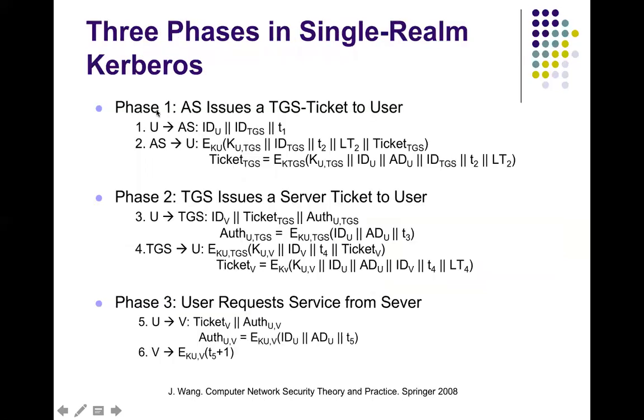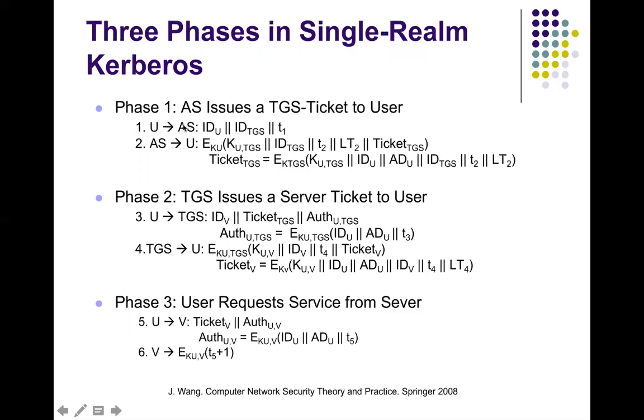Phase 1: Alice, the user U, first authenticates himself or herself to the AS server. Upon verifying the user's credential, which means checking his password, AS issues a TGS ticket to user U. So that's basically what phase 1 does.